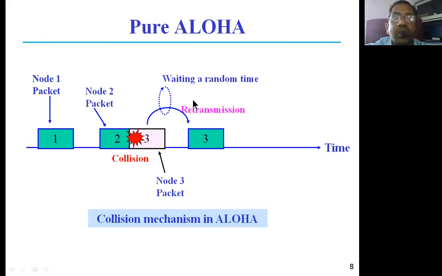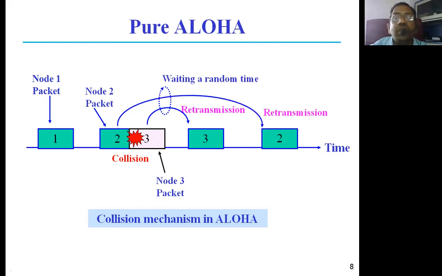Node 2 is going to retransmit the packet to node 3, and once again node 2 retransmits for another node, whichever is coming from node 1. Like this, in contention protocols, after waiting a random amount of time, they simply retransmit. Node 3 is going to retransmit, and node 2 is also going to retransmit after waiting a random amount of time.